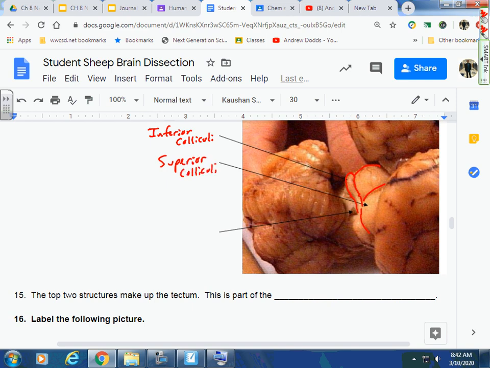And then another view of that fourth ventricle. The top two structures, the inferior colliculi and superior colliculi, make up the tectum, which is part of the midbrain. It's part of the brainstem there. Good.